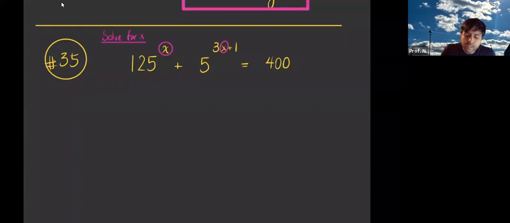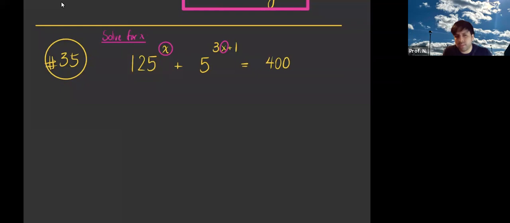But there's one thing I mentioned that you need to start developing, which is called number sense, having a sense of what numbers are. And if you notice, the bases of these two expressions are quite related, aren't they? 5 and 125 are connected. Well, 125 is exactly 5 cubed.